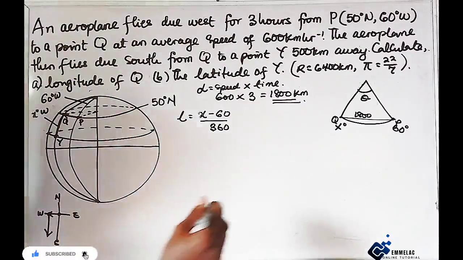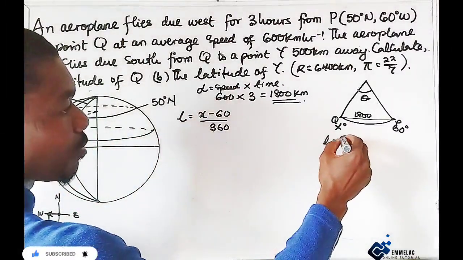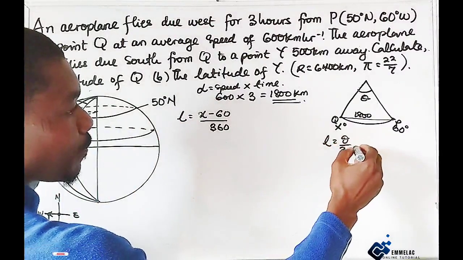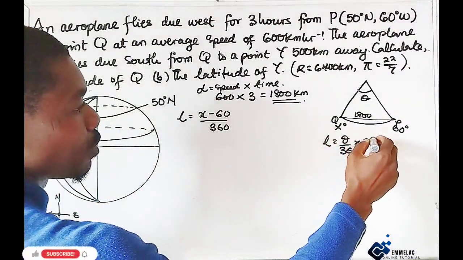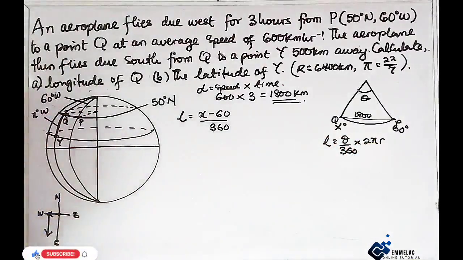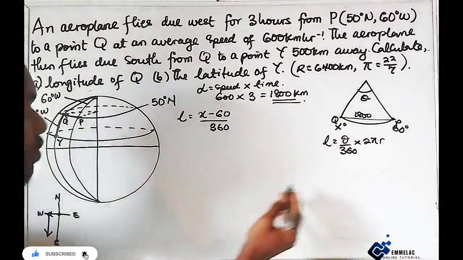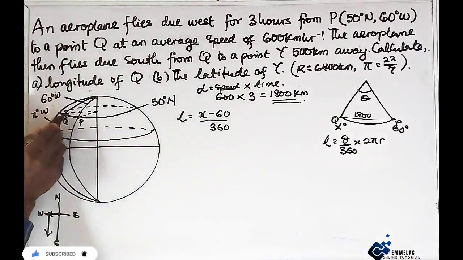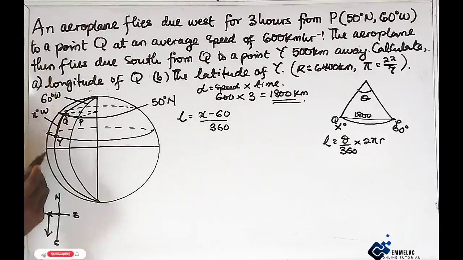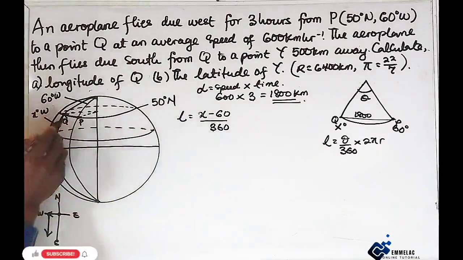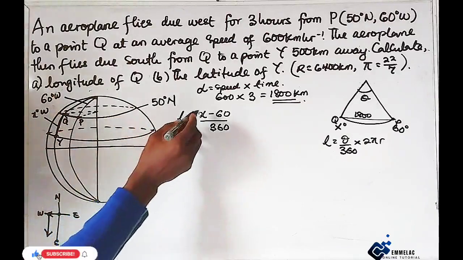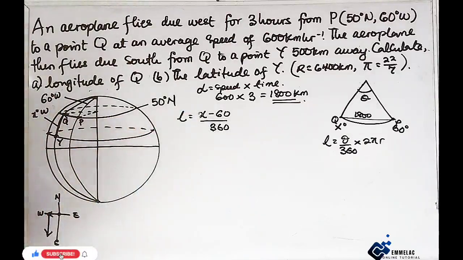Ideally this is meant to be the formula: theta over 360 times 2 pi r, which is the length of an arc. But this theta is meant to be the angular difference between two locations or two coordinates. Since they are in west and west, their difference will be in form of a subtraction.